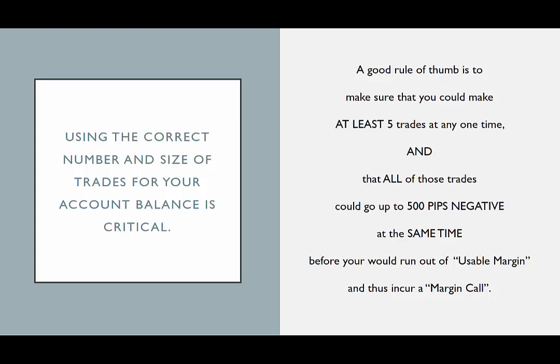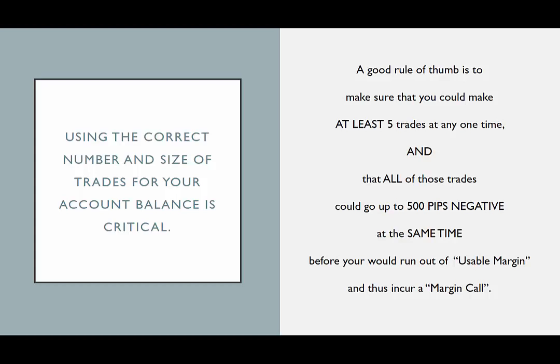A good rule of thumb is to make sure that you could make at least 5 trades at any given time, and that all of those trades could go up to 500 pips negative at the same time before you would run out of usable margin and thus incur a margin call.